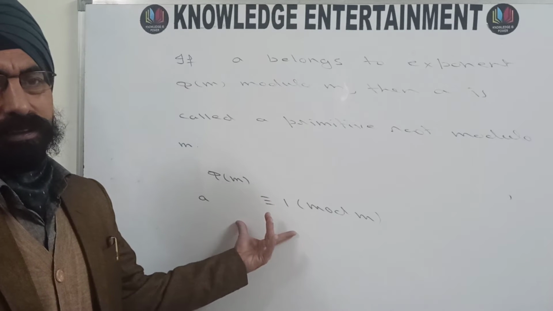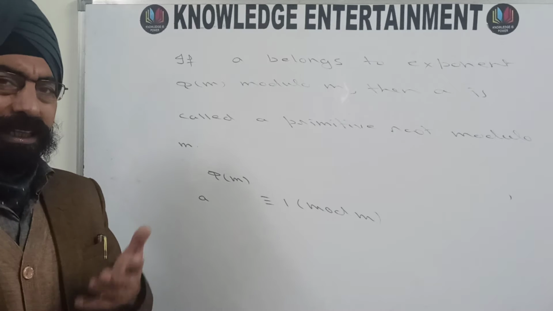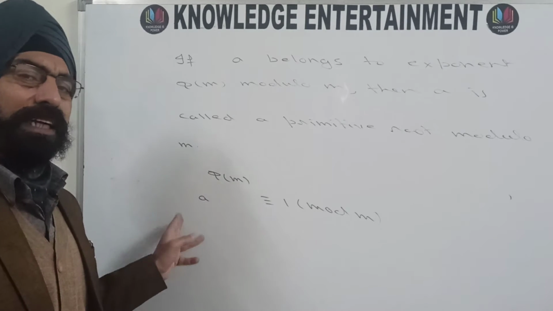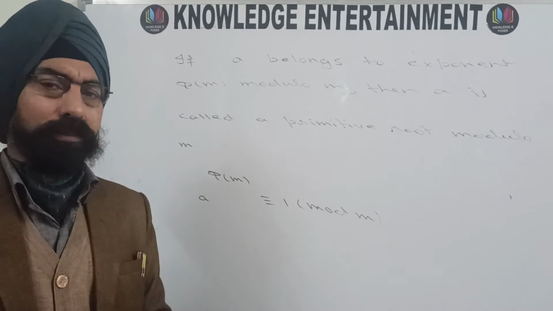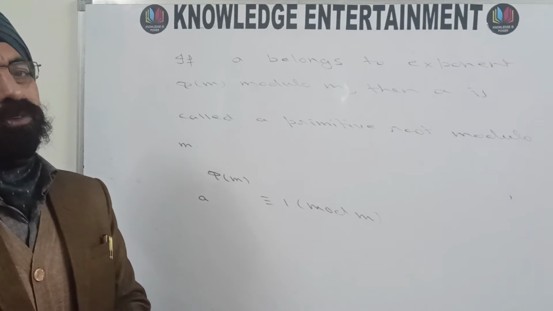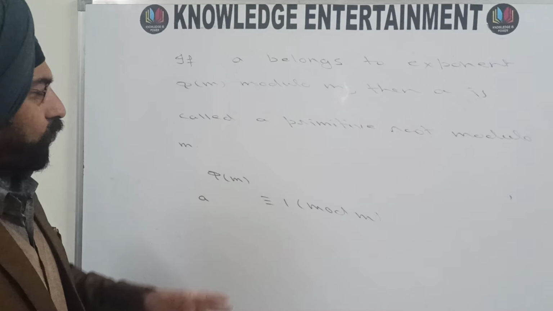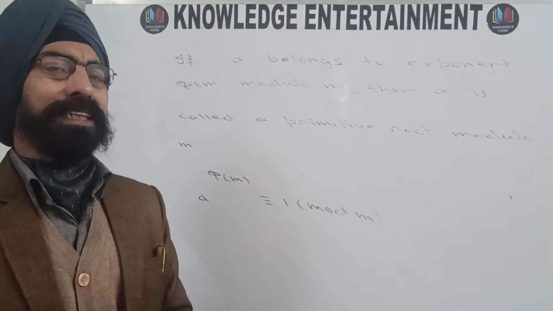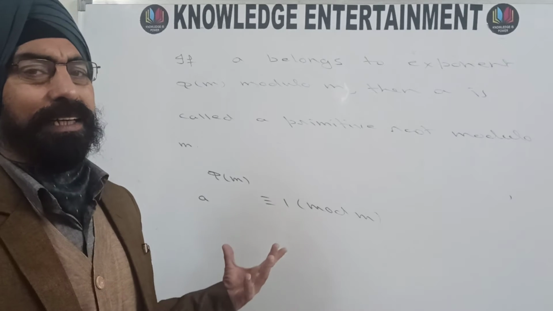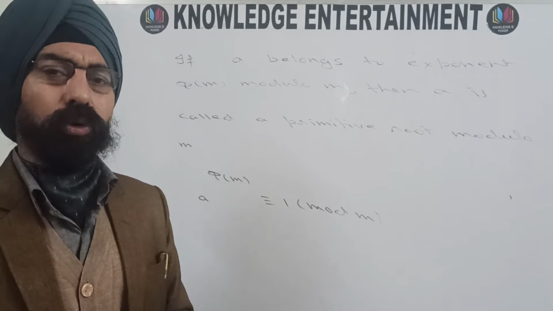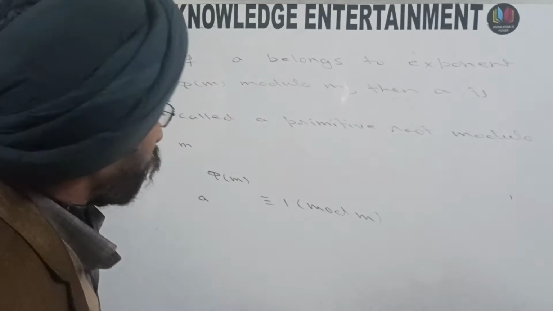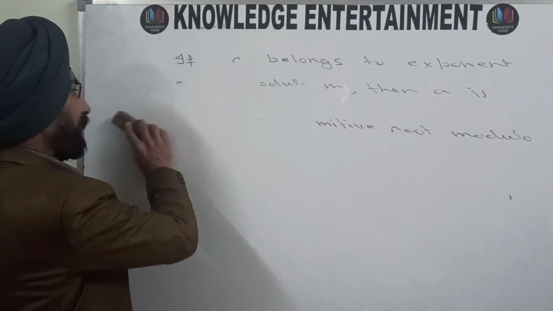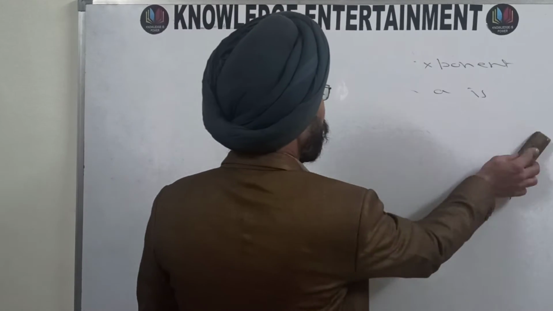And if there is some other positive integer less than phi m such that a raised to the power h is congruent to 1 modulo m, then a will not be a primitive root modulo m. So for a to be a primitive root modulo m, phi m should be the least positive integer satisfying a raised to the power phi m congruent to 1 modulo m. So it is another useful definition, which will be used at some places in this chapter of quadratic residues.